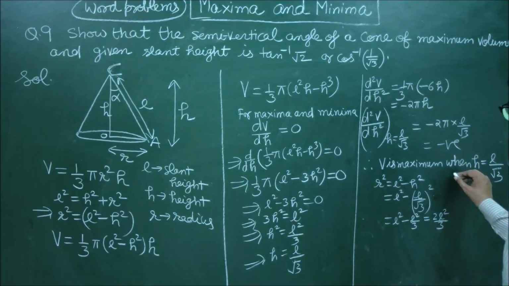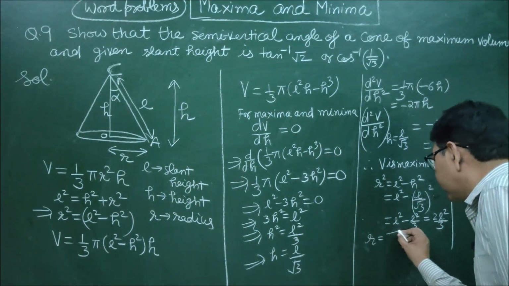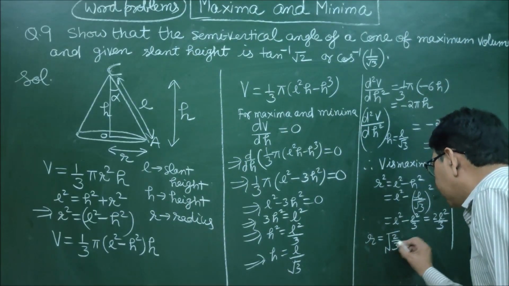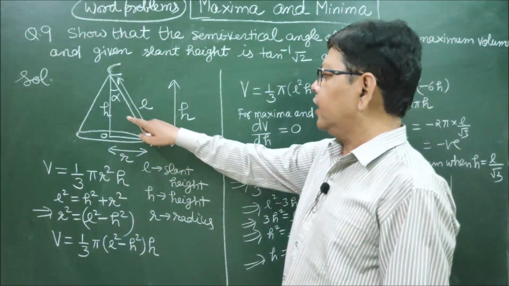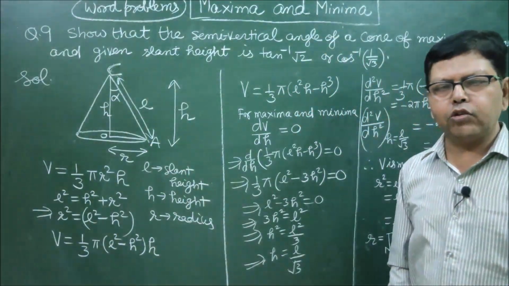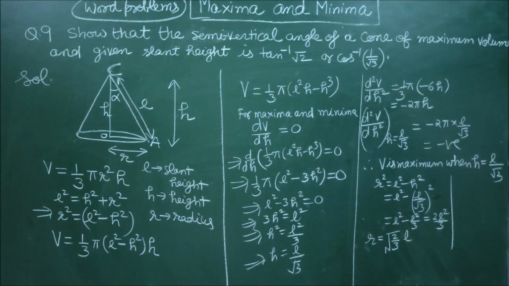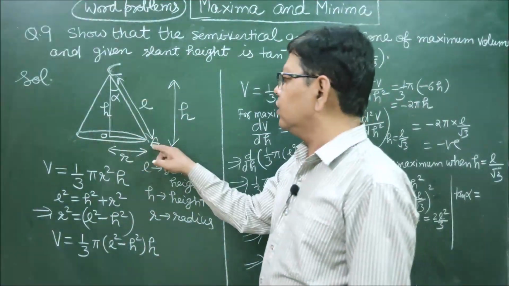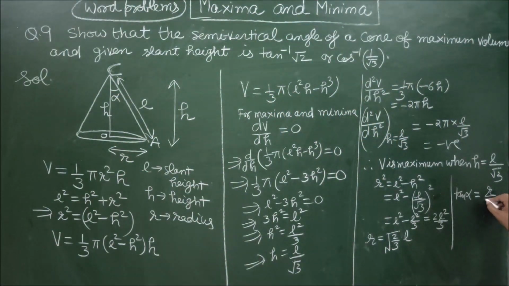So the value of R is equal to under root 2 by 3 times L. Now we have got the value of R and H, and the value of H we have got when the volume is maximum. So now let us find the value of tan alpha. In this triangle, tan alpha is equal to R upon H. The value of R we have calculated.